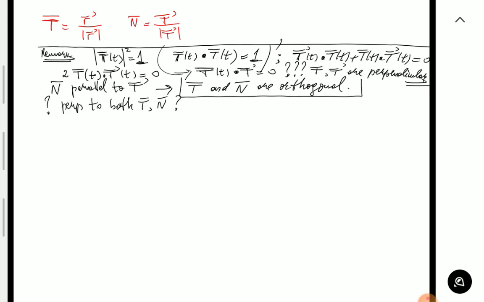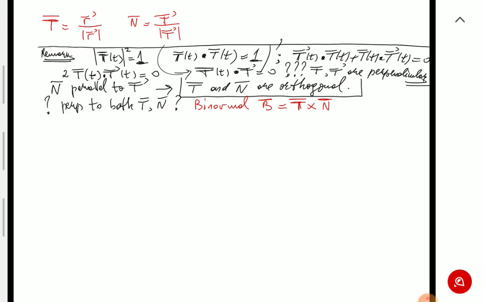I hope you remember that the tool at our disposal is the cross product. So this leads us to defining the so-called binormal, denoted by B, which by definition is equal to the cross product, in this order, remember, the order matters for the cross product, between the unit tangent and the unit normal.